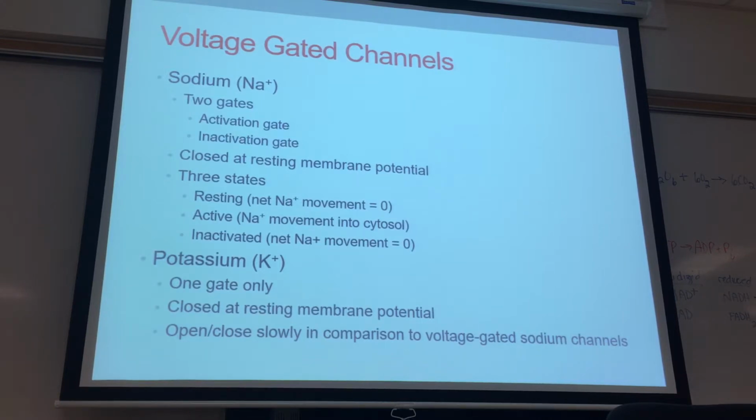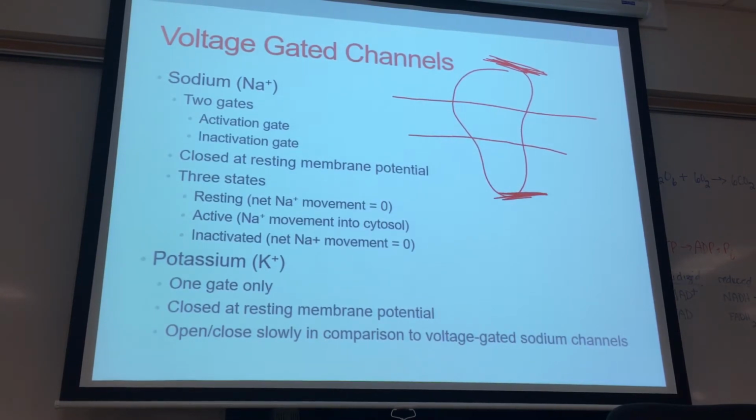And looking at the structure of a sodium channel, if this were the cell membrane, this is what the channel will look like: you'll actually have 2 gates. One called the activation gate, which is up here, and another, the inactivation gate, located down over here. One on the intracellular side and one on the extracellular side.